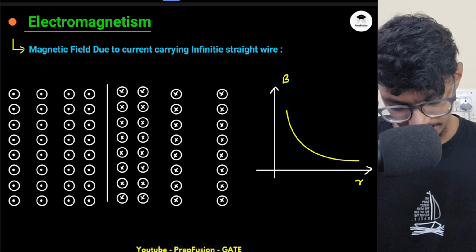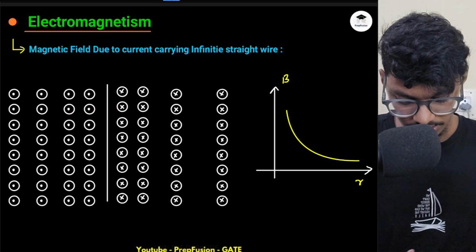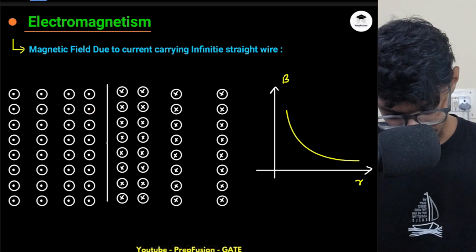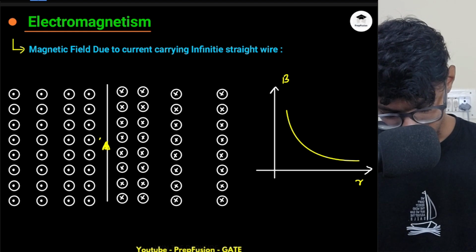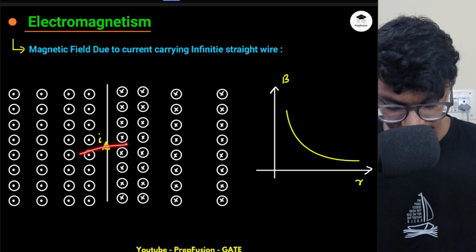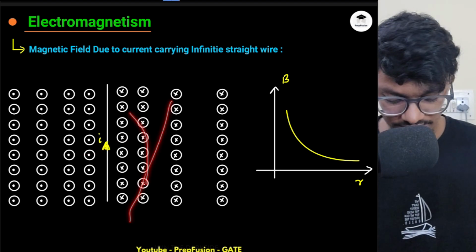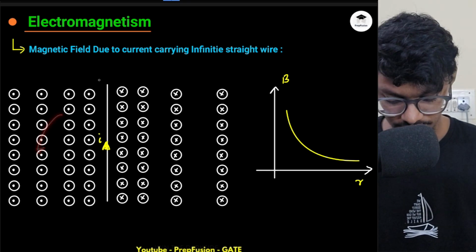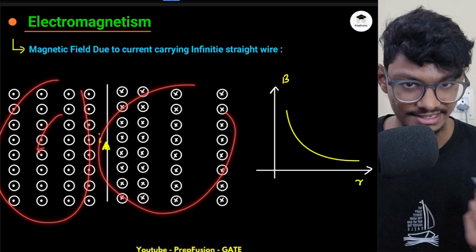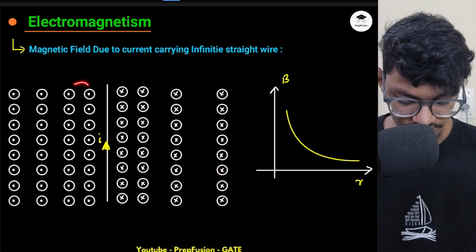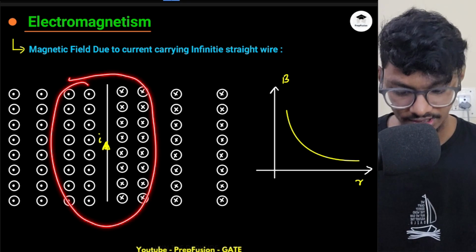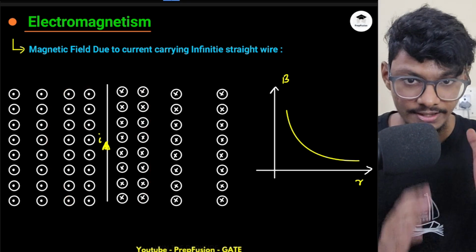Here I've just shown you the characteristics of this magnetic field. This is the line current carrying wire. If I'm on the right hand side, it will be going inwards into the screen. If I'm on the left hand side, it will be outwards. This is the direction of the magnetic field as shown. Also one more thing you can observe, if I'm very close to the current carrying wire, the magnetic field lines are very dense.